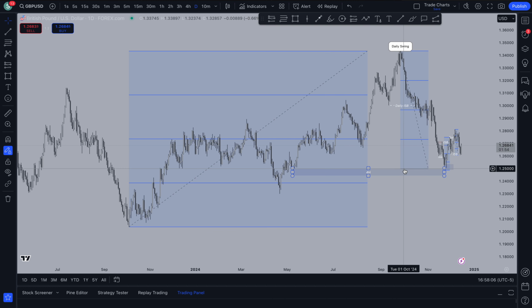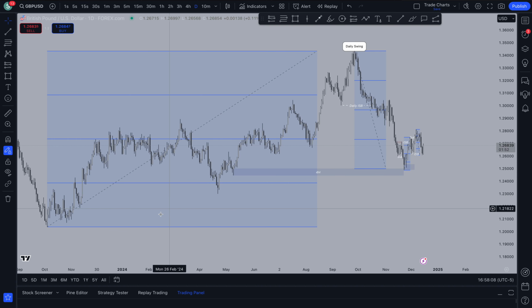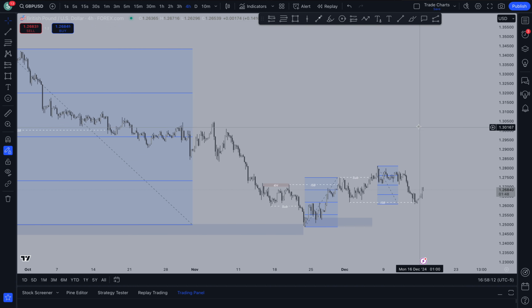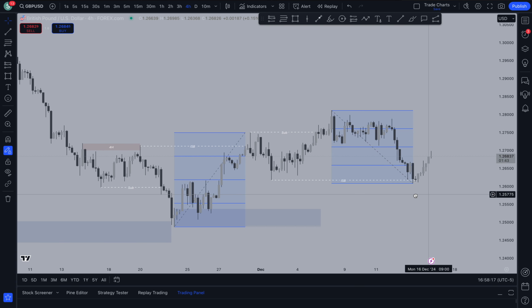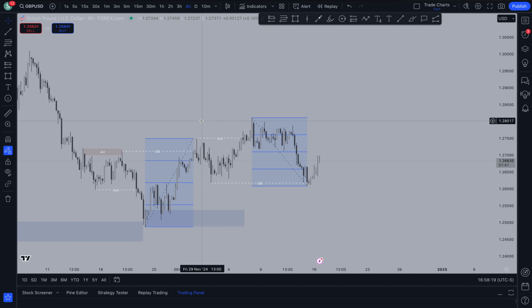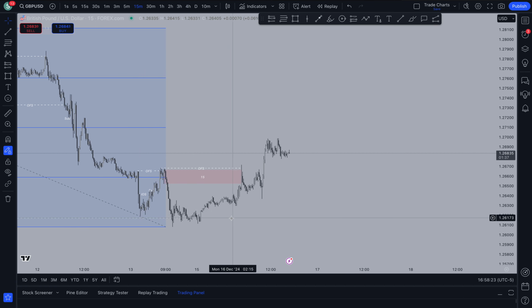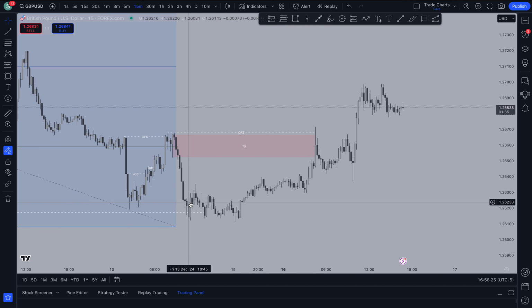I did not, unfortunately. So, starting off, daily swing is bullish, daily internal is bearish, 4 hour is bullish. Actually, no, we had an ISB to the downside, so 4 hour is actually bearish. So 15-minute time frame, we've ranged around in this bearish leg, right?